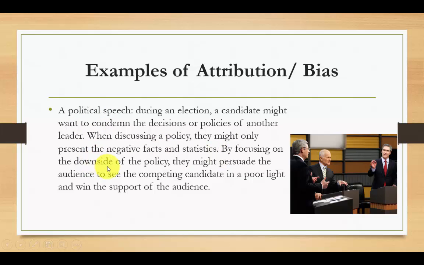By focusing on the downside of the policy, they might persuade the audience to see the competing candidate in a poor light and therefore win the support of the audience. So it's important for us to be critical thinkers to be able to identify attribution and consider the perspective of the speaker or the author or the artist when we're looking at a source, and identify bias.